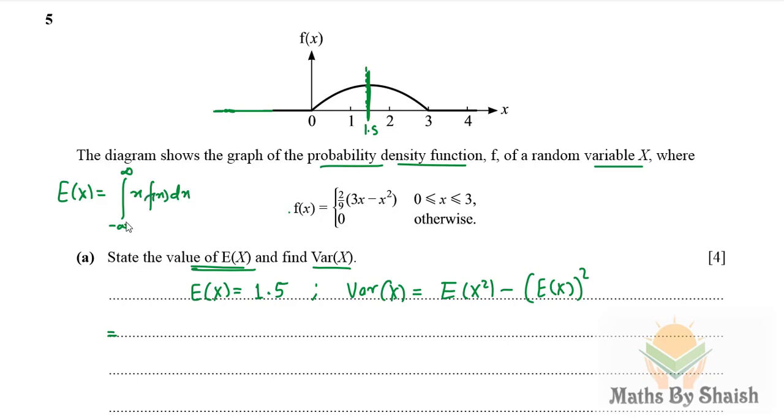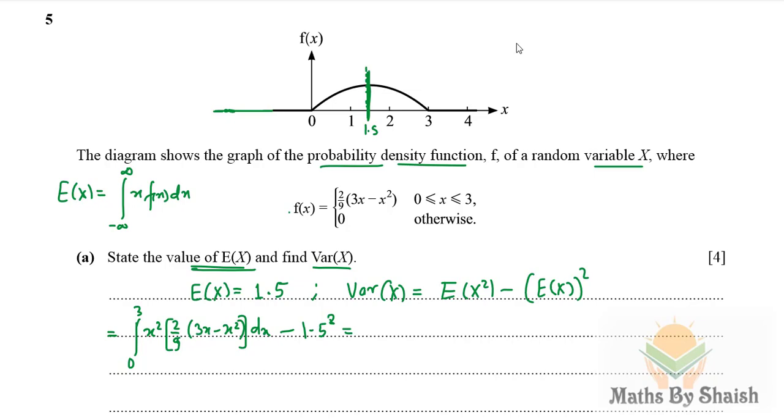And since it is 0 from minus infinity to 0 and from 3 onwards till infinity, we will write this integration as 0 to 3 of x square times f(x), and f(x) is 2 over 9 (3x minus x square) dx, and minus the expectation of x is 1.5, so we can directly write 1.5 square. So let's calculate this value separately.